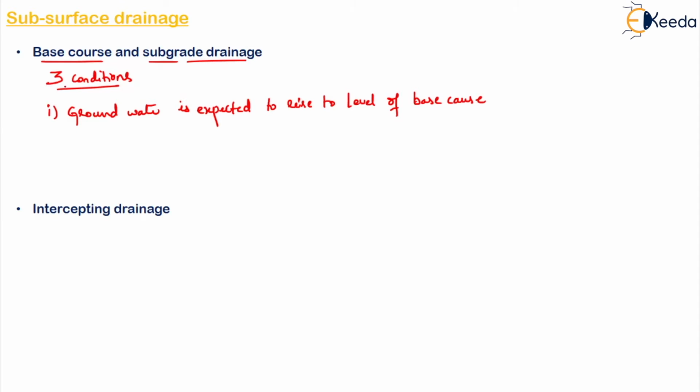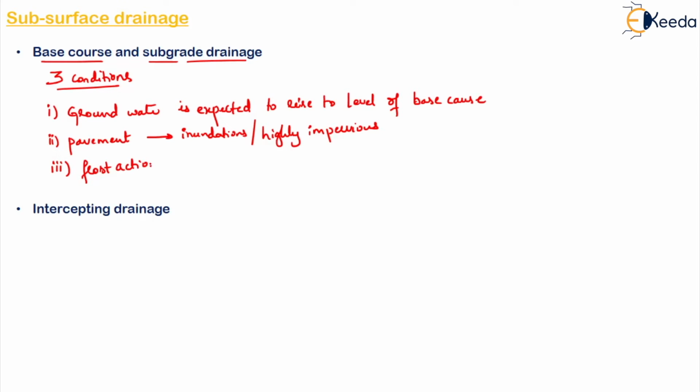Then we have to provide the subdrainage. The second is if the pavement is subjected to frequent undulations, or if your subgrade is highly impervious, then also we have to go for this. And finally, the third one is if there is a chance of any frost action that will occur beneath the pavement.